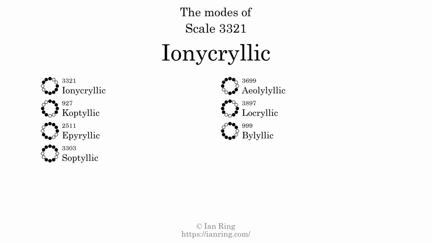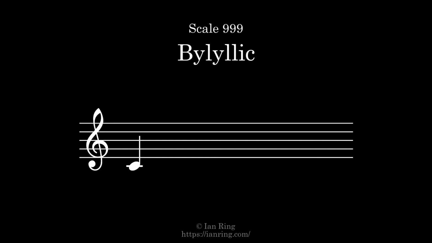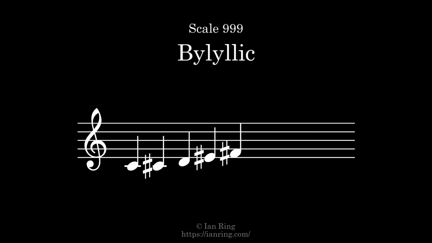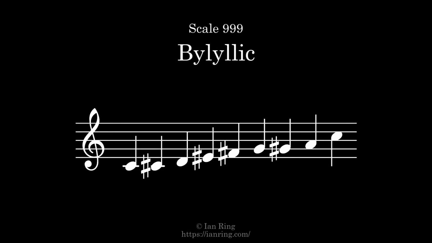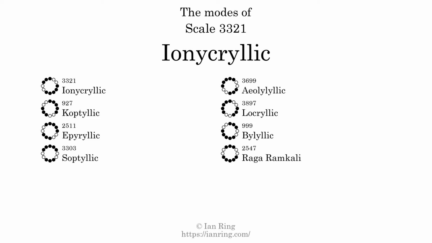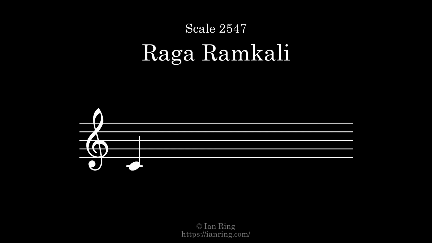The seventh mode is scale 999, also known as bilylic. It sounds like this. The eighth and last mode is scale 2547, also known as raga ramkali. It sounds like this.